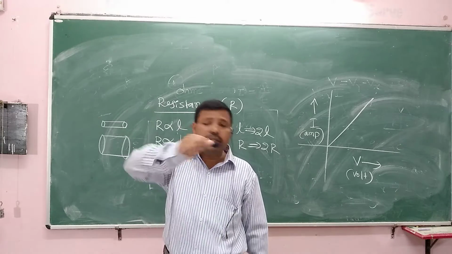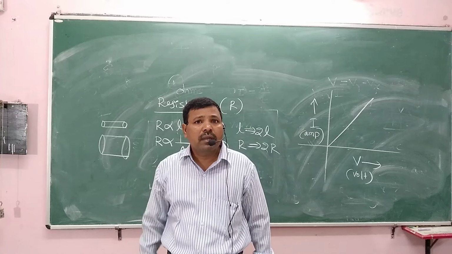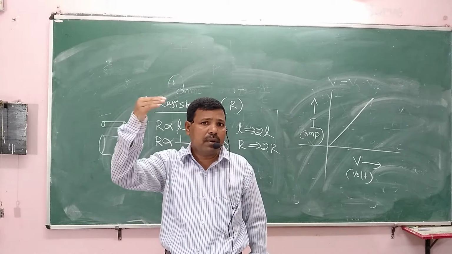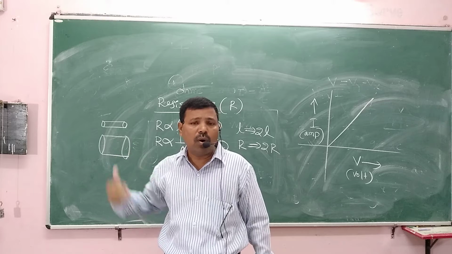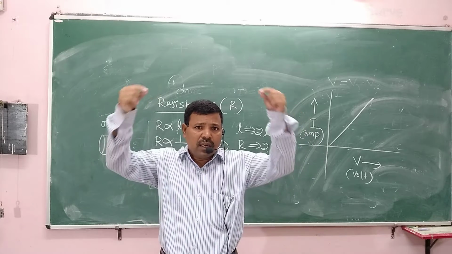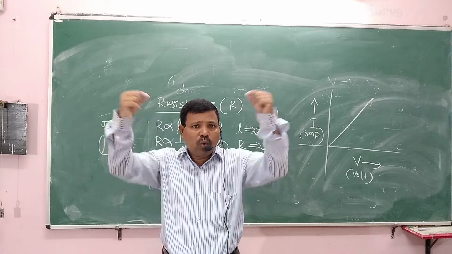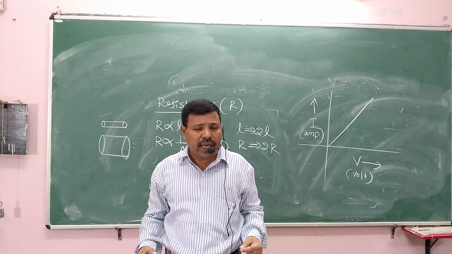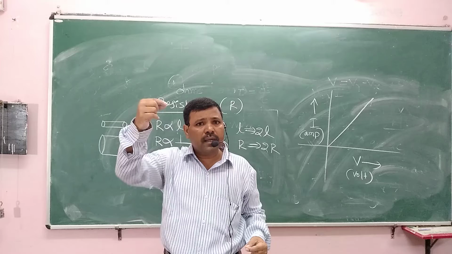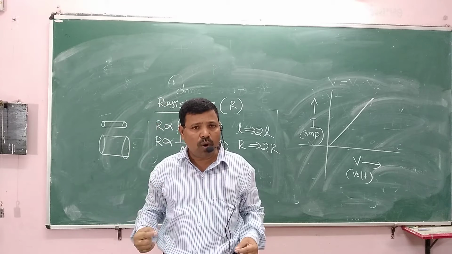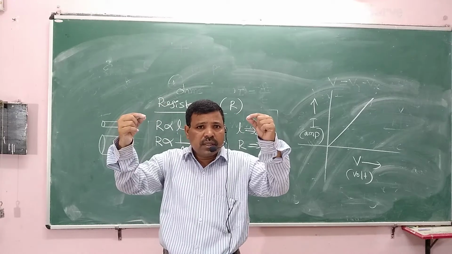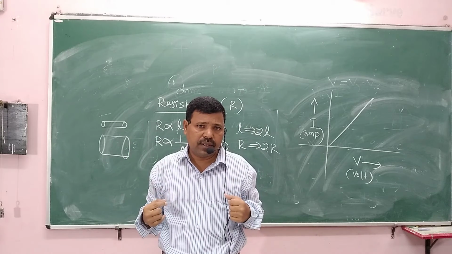Then the resistance also depends on nature of the material. Nature means silver, copper, aluminium, chromium and so on. If you consider equal lengths and equal cross-sectional area of aluminium conductor, copper conductor, silver conductor and so on, silver will have less resistance than the other conductors.